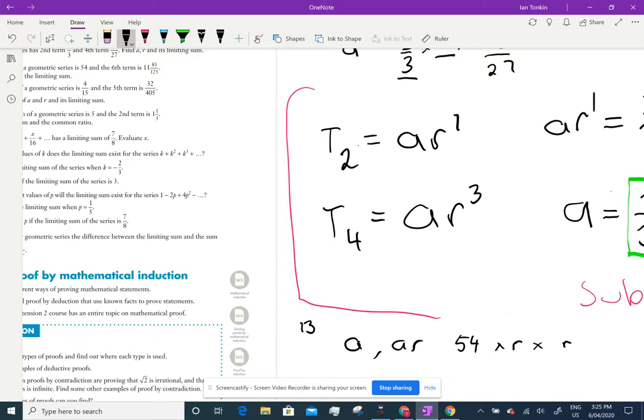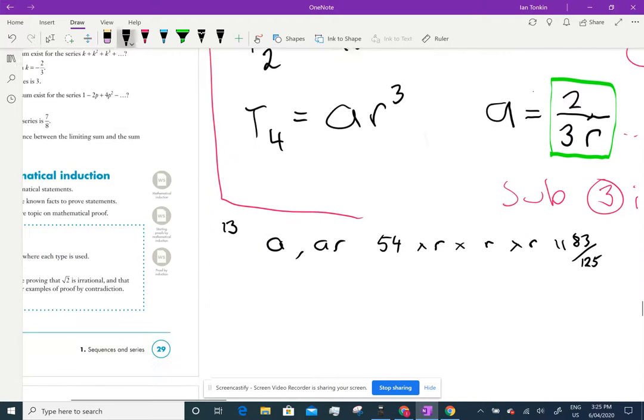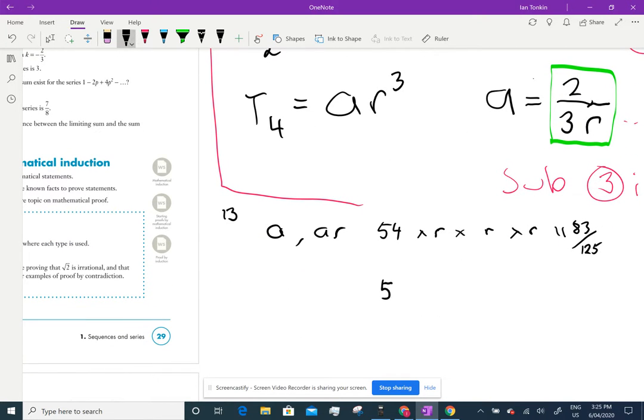Then the fifth term, I times by R again. And the sixth term, I times by R again, is 11 and 83 on 125. So 54 times R cubed equals this 11 and 83 on 125.